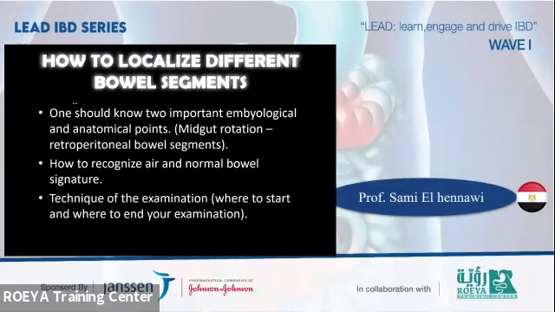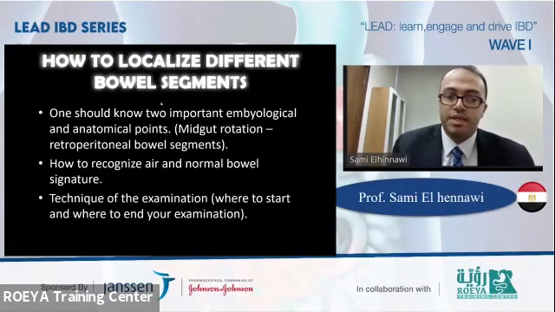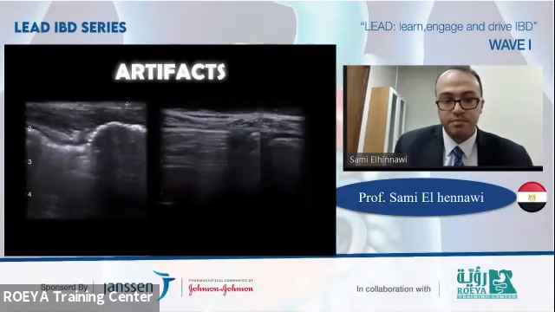The retroperitoneal bowel segments are fixed in every patient, and they are landmarks to guide us to reach the cecum, duodenum, ileum, and other bowel segments. Secondly, we must recognize the appearance of air in ultrasound and the normal bowel signature. And at last, we are going to demonstrate the technique of the examination.